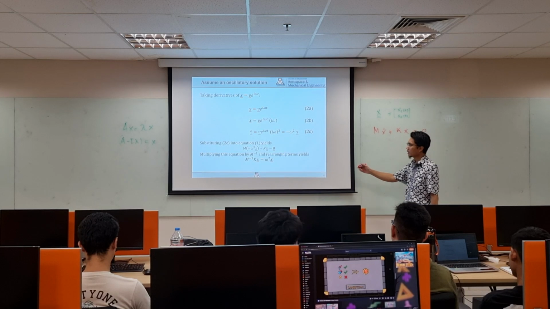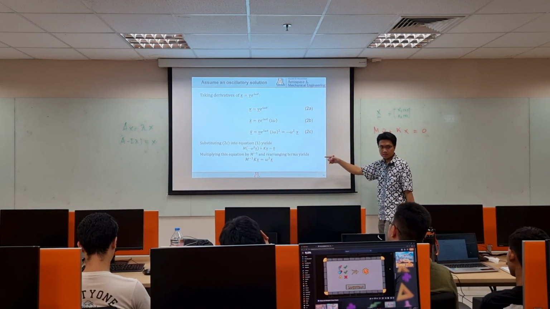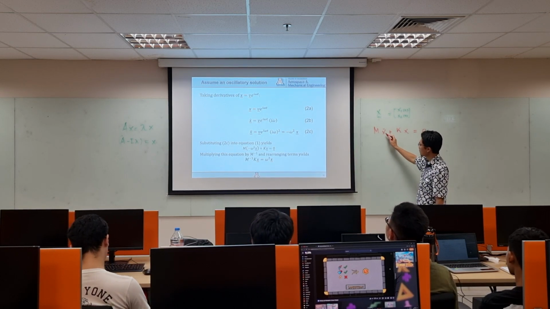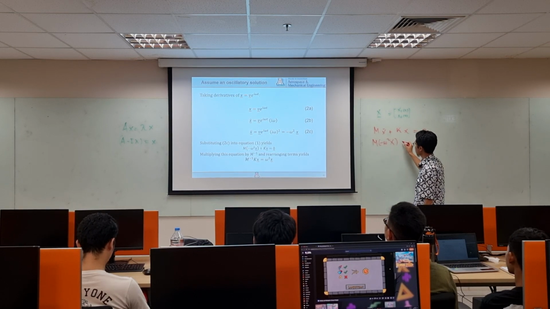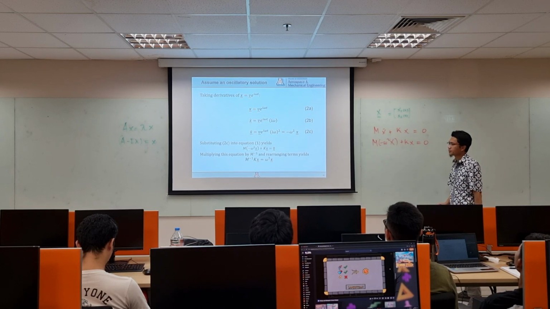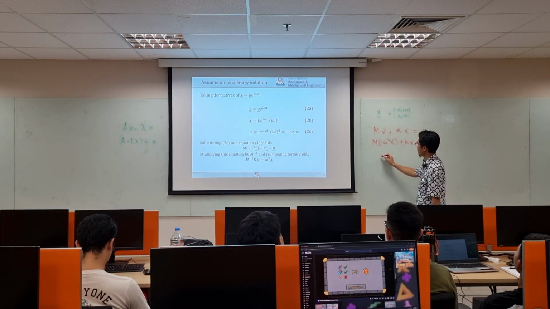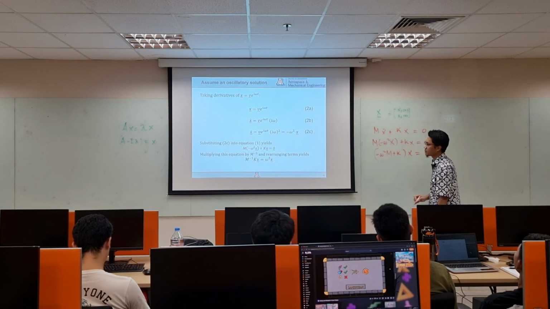And then we get that x double dot is equal to minus omega square x based on the assumption. So we replace x double dot with minus omega square x. As a result, we will have minus omega square m plus k, times x, equal to 0.